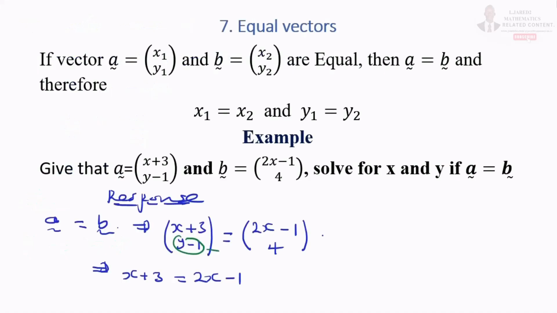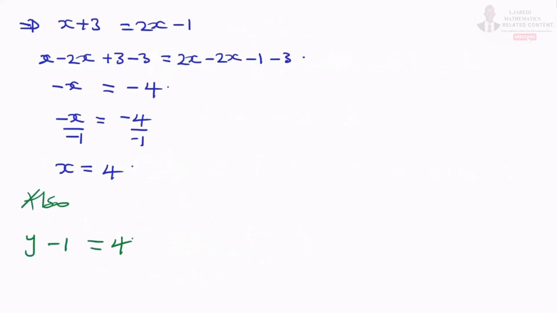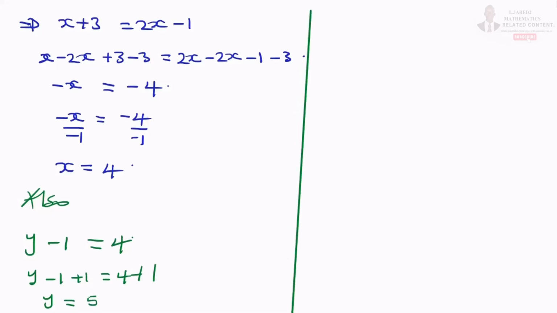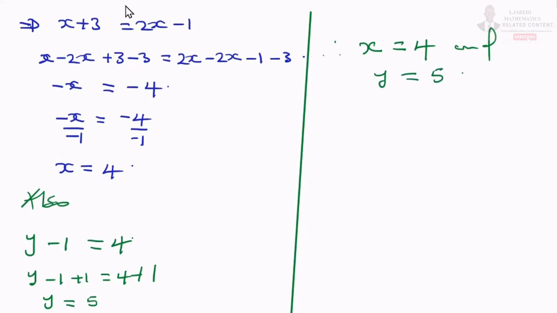From here, this equals that, implying that y minus 1 plus 1 equals 4 plus 1. Therefore, y equals 4 plus 1 which is 5. We can conclude and say that therefore x equals 4 and our y equals 5. So this becomes our answer for that part.